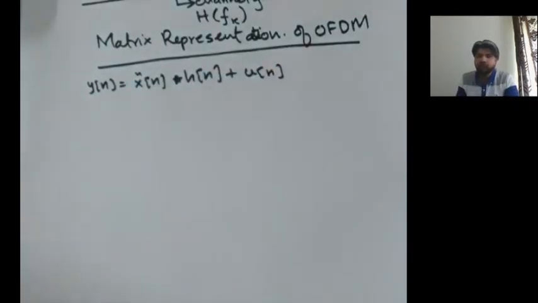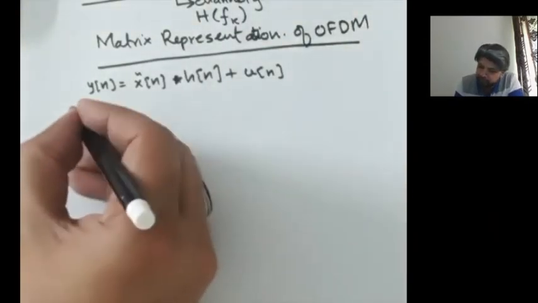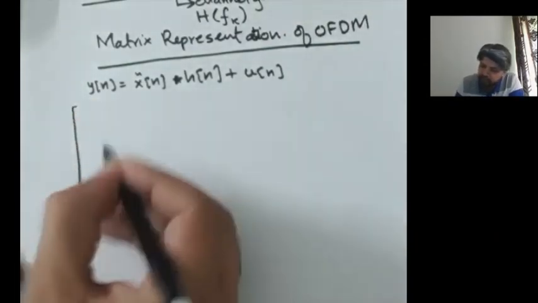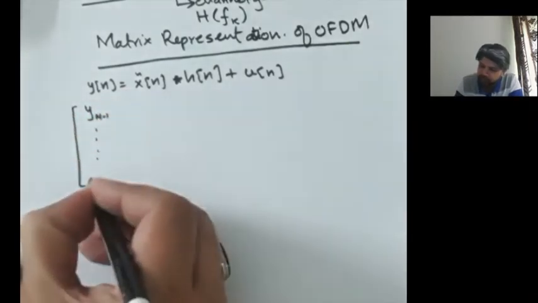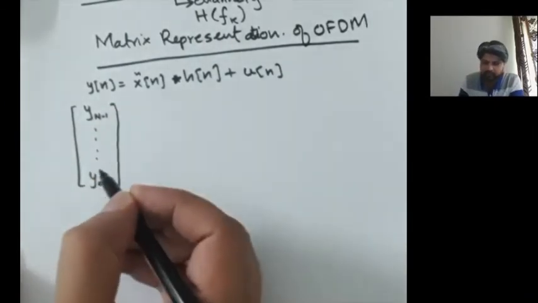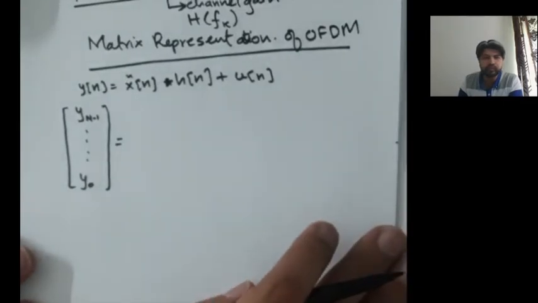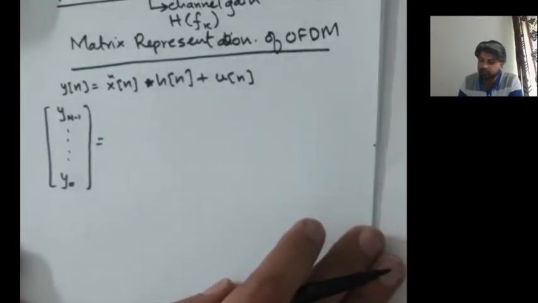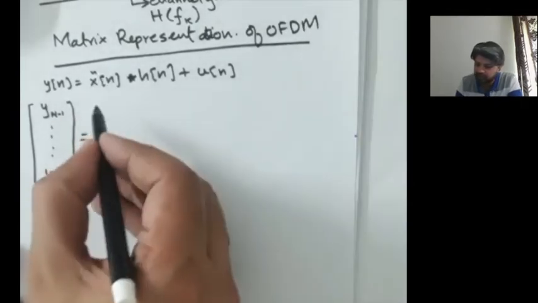If you want to write this in matrix form, the vector y n minus 1 all the way to y 0 is your output. This convolution operation can be written with the help of a Toeplitz matrix, so you have to write the Toeplitz matrix for the channel.